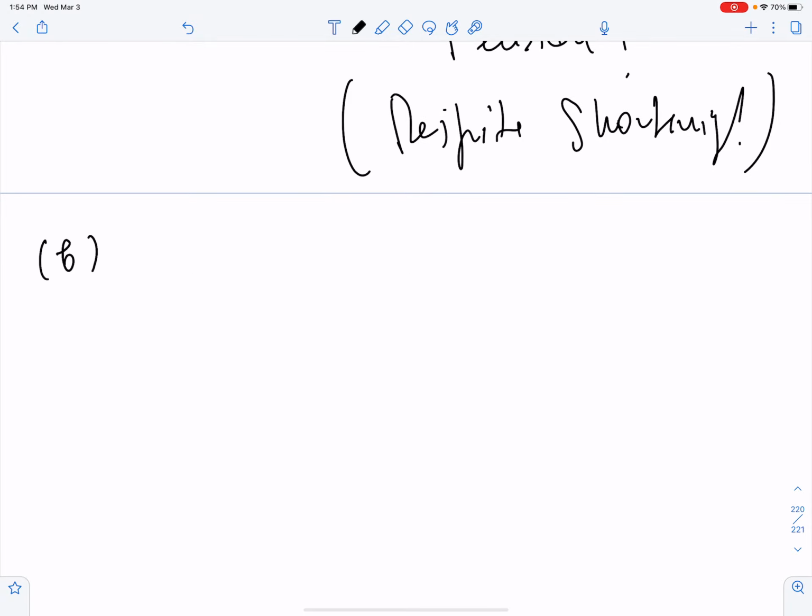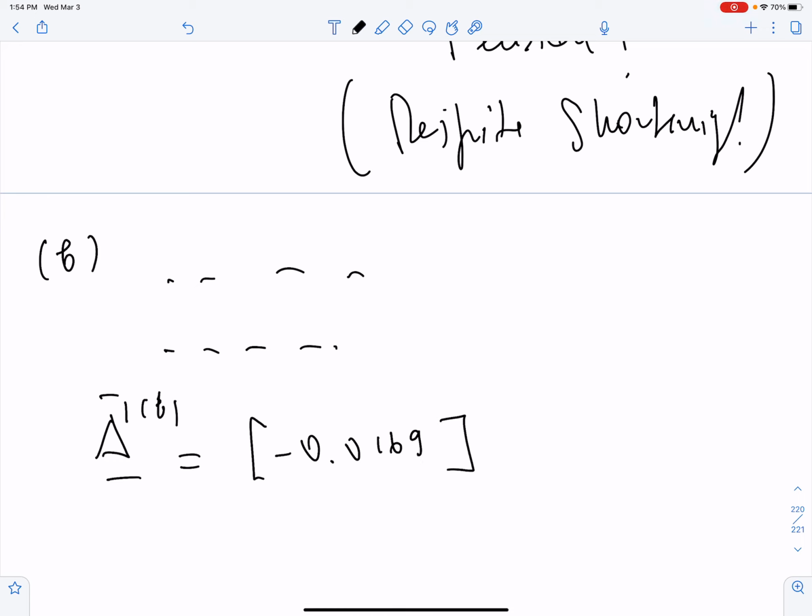Now if you go through element B, you go through the motions and you find that the basic displacement delta prime B becomes minus 0.0169, also shortening.